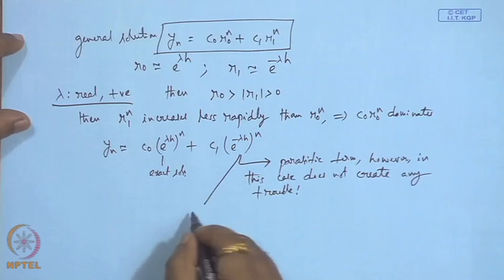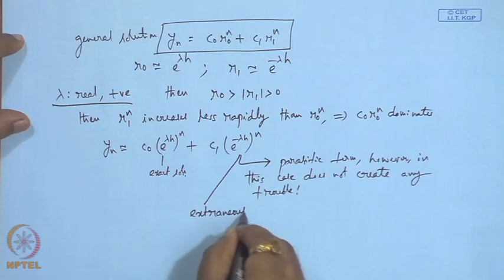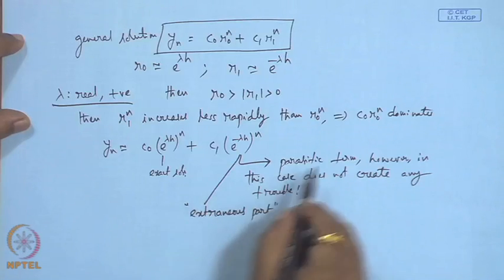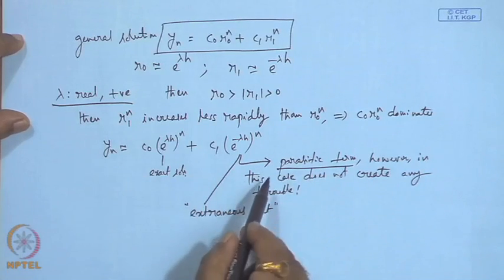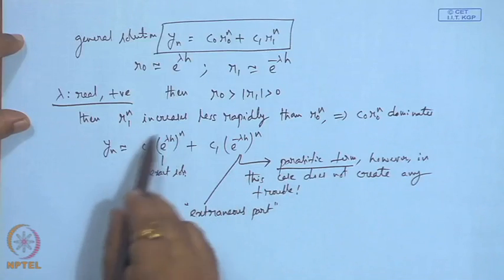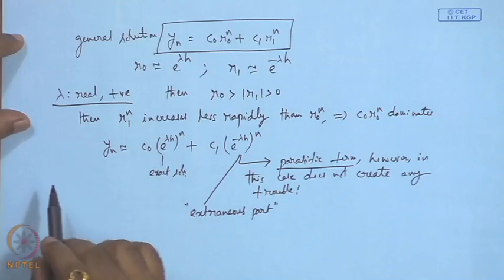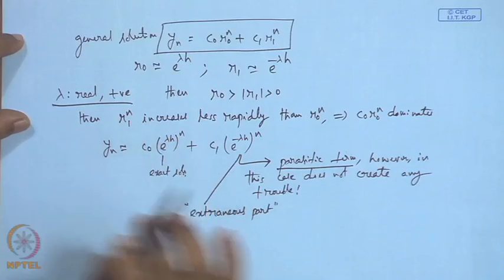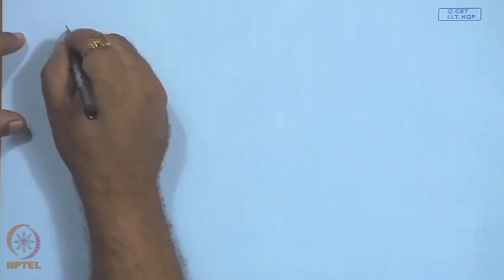So, this is also called extraneous part, and this is the parasitic term. But however, in this case it does not create any problem, the overall solution grows as per the exact solution. Okay. So, that means for these values of lambda the solution is stable. Okay. So, let us consider now the other case.